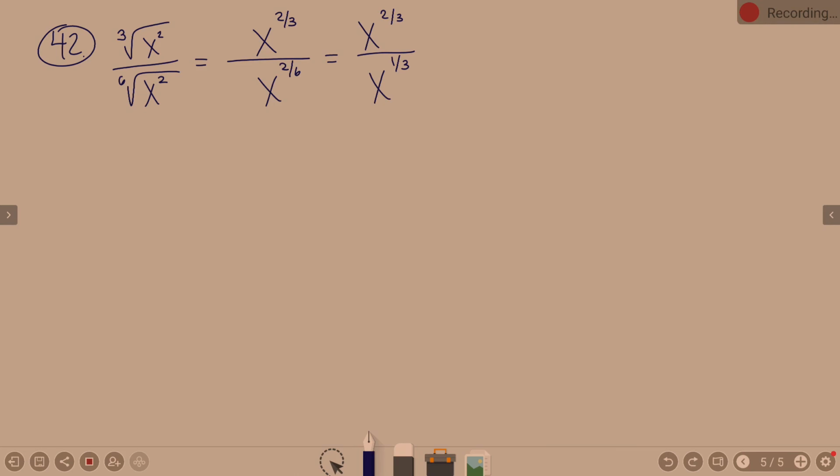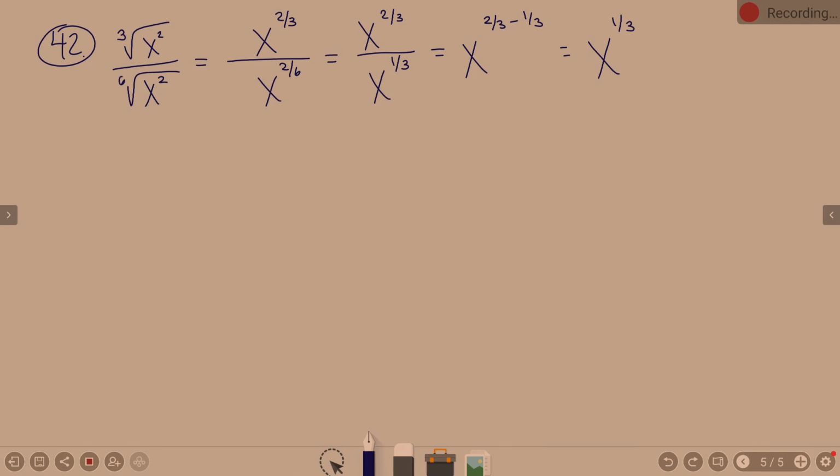How do I divide when exponents are involved? The base is the same. We keep the base the same. So we're going to keep the x, and we're going to subtract the exponents. So 2/3 minus 1/3. What is 2/3 minus 1/3? X to the 1/3.